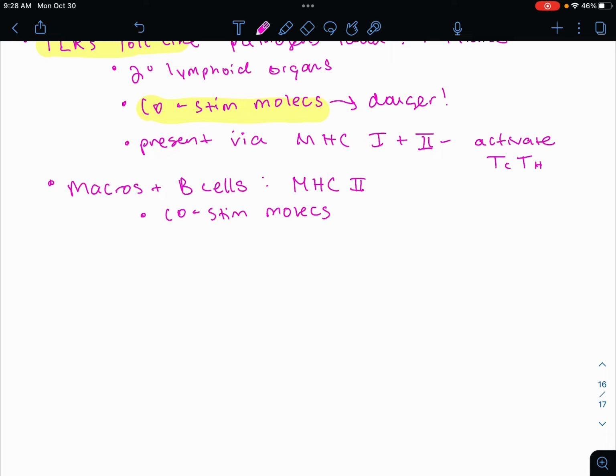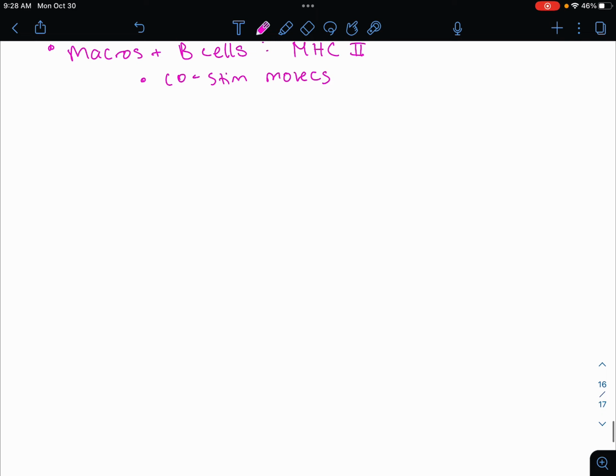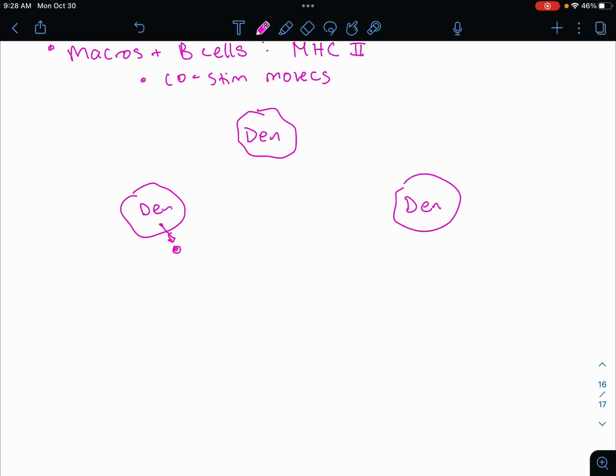Okay, so this image here in this slide, it's just showing a dendritic cell again. And one of the scenarios is exogenous, one of them is endogenous. So endogenous would be like that particle there that's from the cell itself, and then we have the TC and the TH.